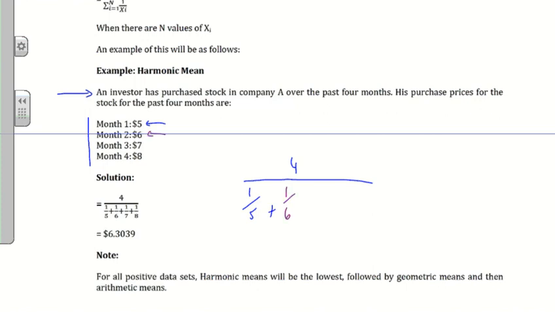Plus 1 over 6. Next month, third month, paid 7. Plus 1 over 7. And the very last one is $8, so go 1 over 8. Run all your numbers, guys, and you get some kind of a cost average, $6.30, which is kind of like the average price over that period.